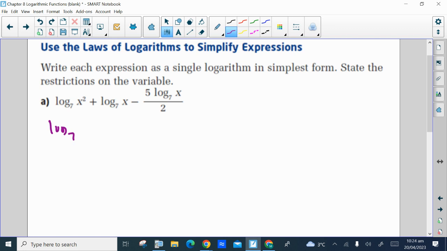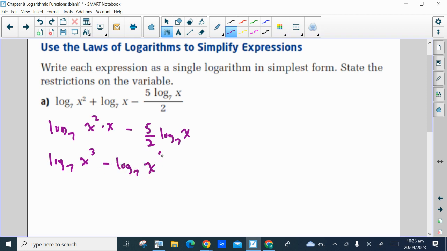I can combine those first two terms together. It'll be x squared times x minus. So the way you look at that last term, that would be the same as 5/2 log base 7 of x. The first term, when you simplify, becomes x cubed.